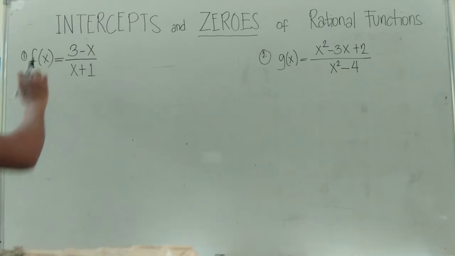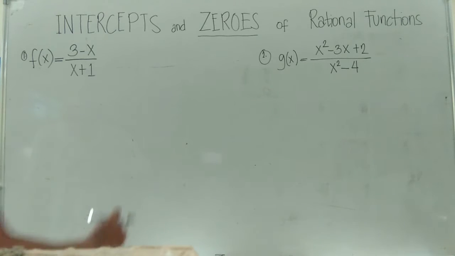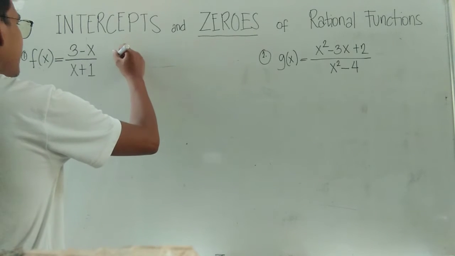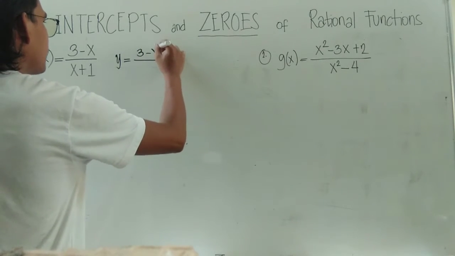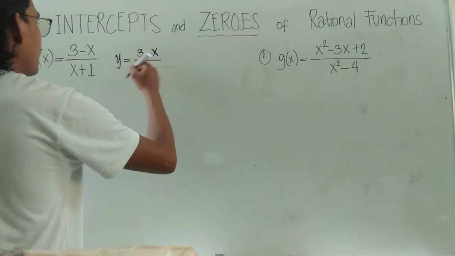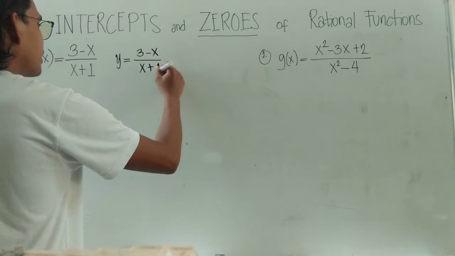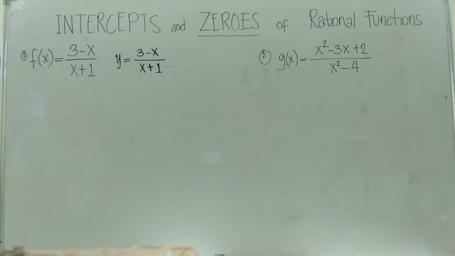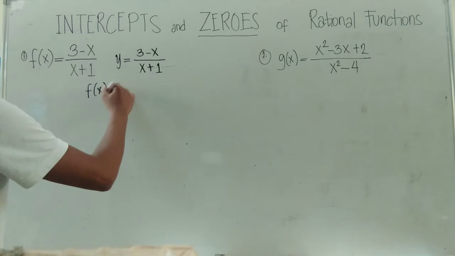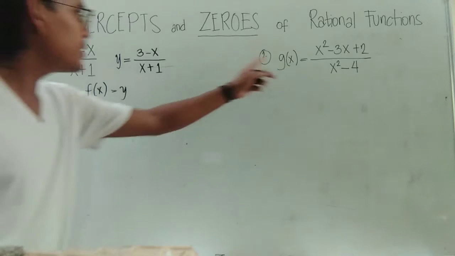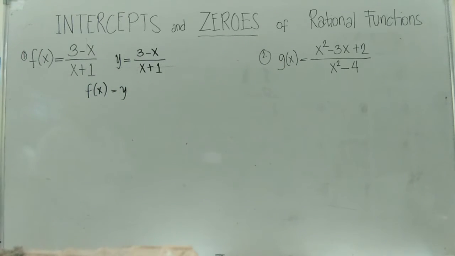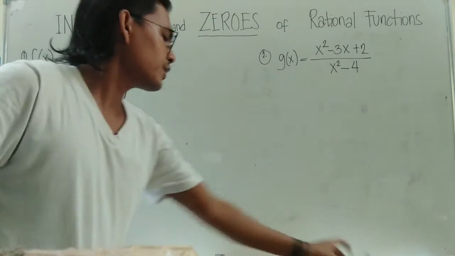Let us not forget that any function denoted by f of x can also be in the form of y equals 3 minus x over x plus 1. Again, f of x is your y, or f of x is equal to y. It can be g of x equal to y. So let us continue.